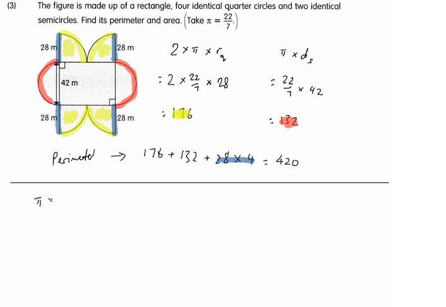So this one is multiplied by r square. So pi is 22 over 7 multiplied by 28 multiplied by 28.